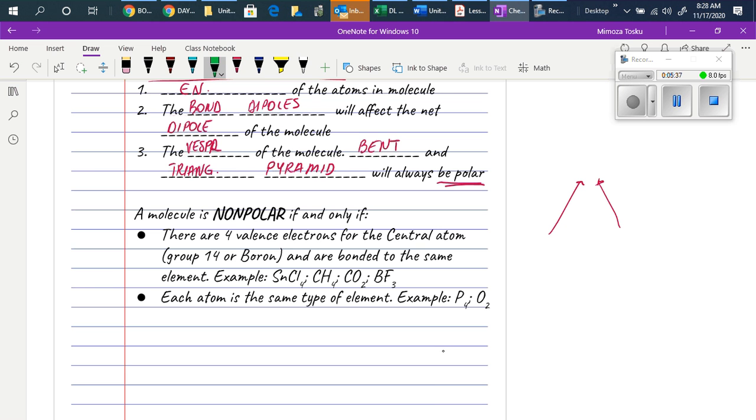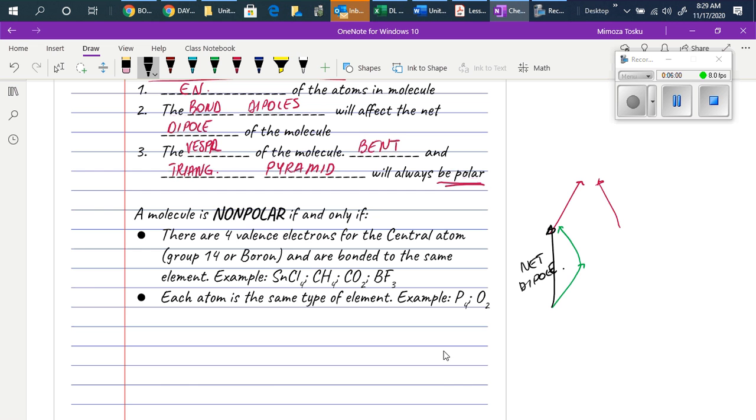So the sum of the two will be the same as saying this plus this, and the net dipole moment will be like this.